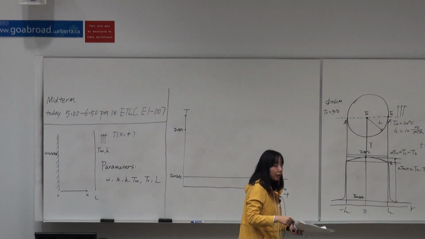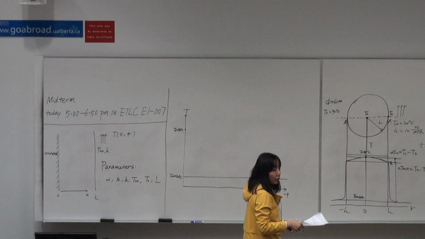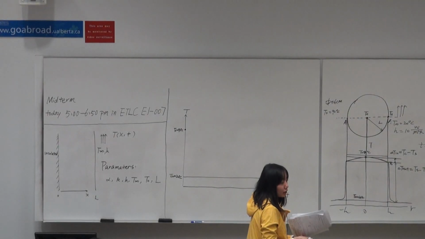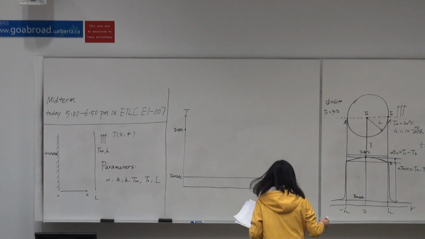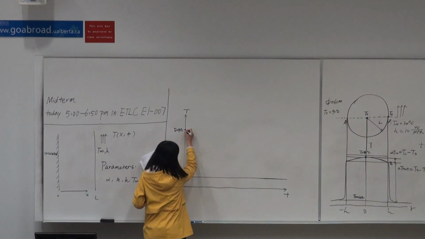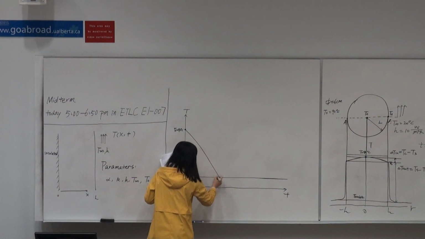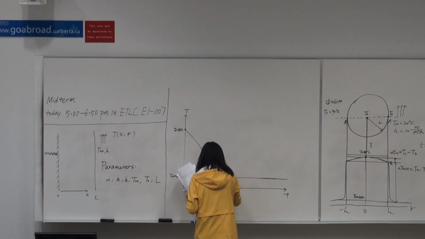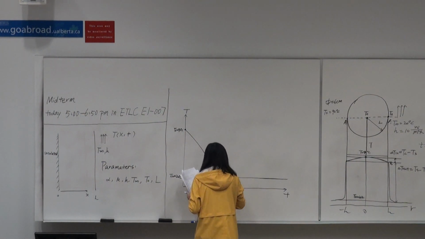What's the shape of the curve for our surface temperature? It obeys exponential decay. Let's say by the tangent at 0, we have some time constant.